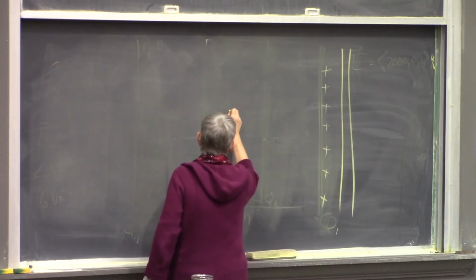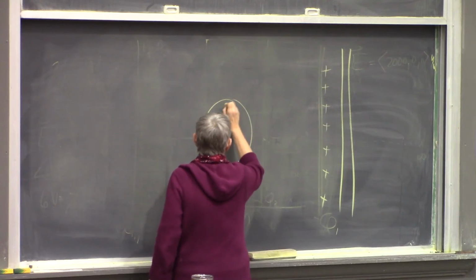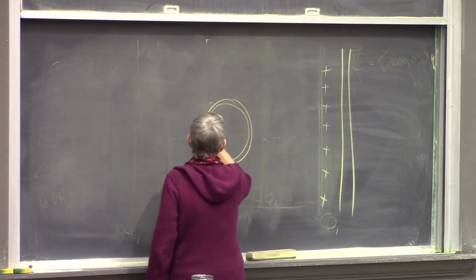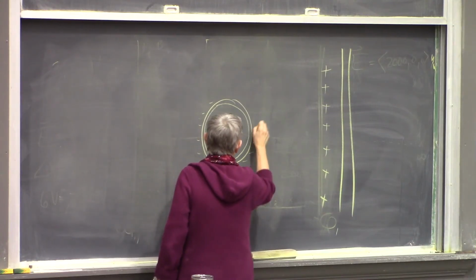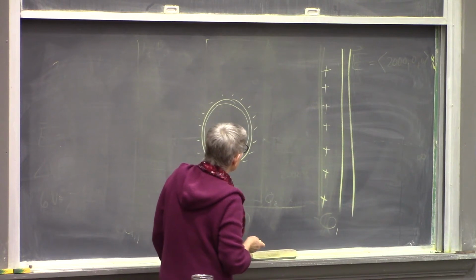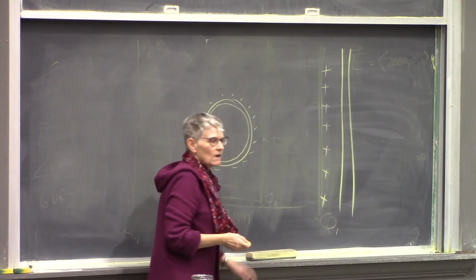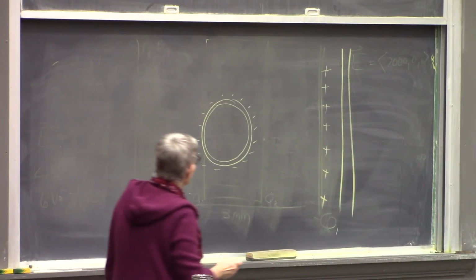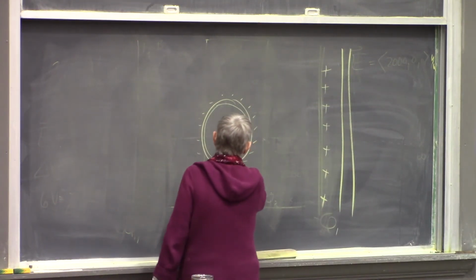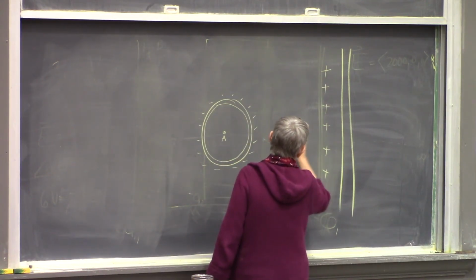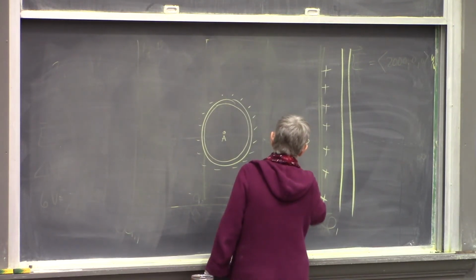And we have a hollow sphere, like a ping pong ball. It's negatively charged. And we want to find a potential difference. We'll call this location A, and we'll call this location B.